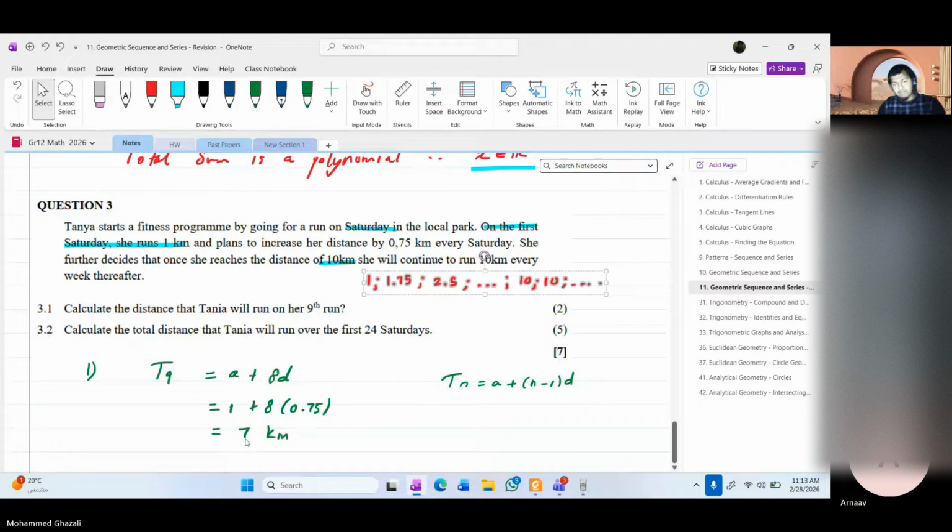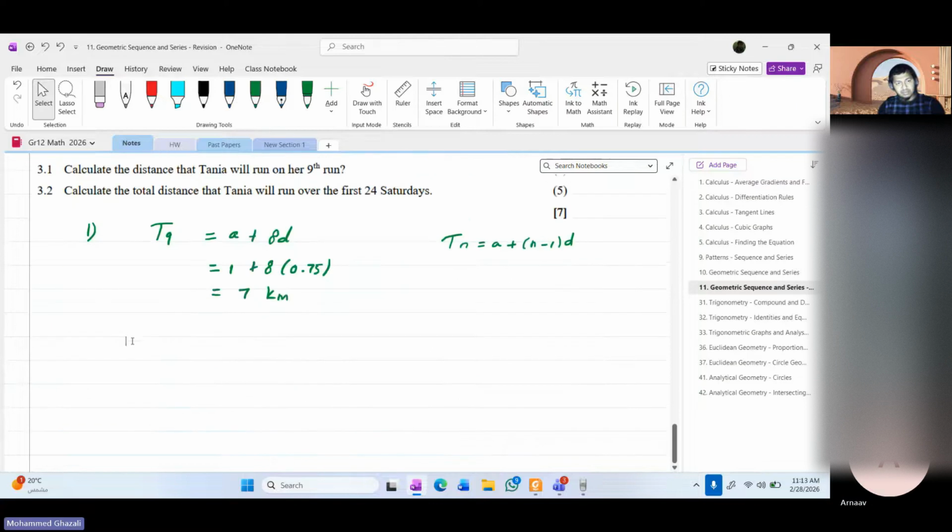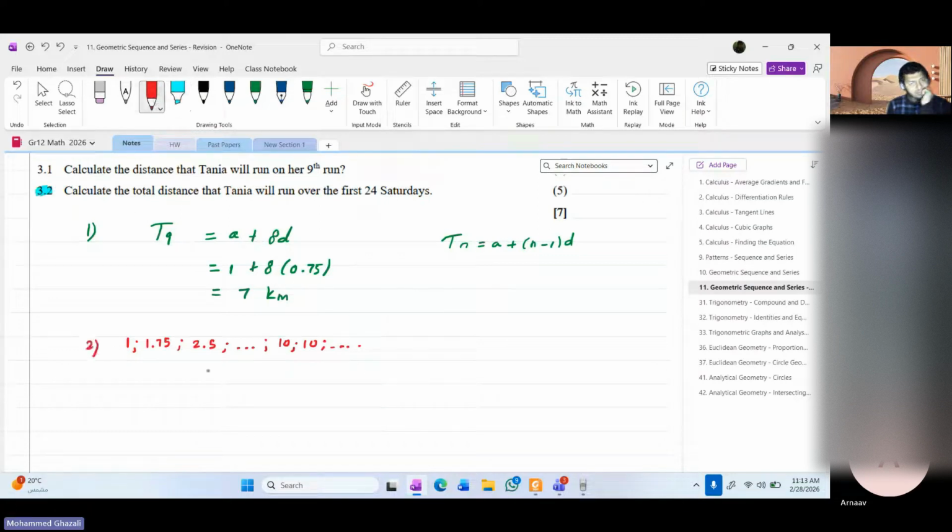After 7 kilometers, you know that is term 9. So see what happens now. I'm going to take this pattern out and put it here. Be careful, this is another level 3 type question. I wouldn't say level 4 because it doesn't involve so much thinking. So we know on the ninth run, she's running 7 kilometers.